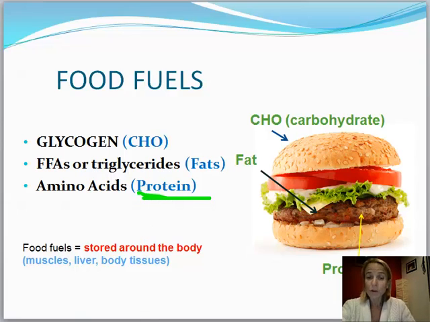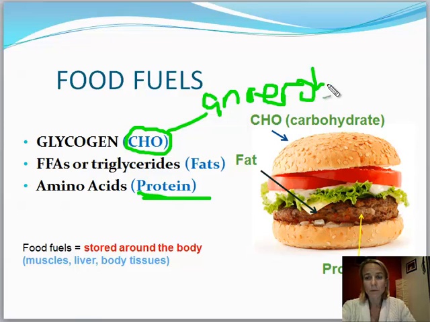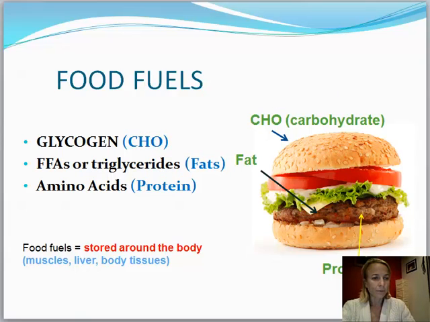Our preferred source of fuel is carbohydrates or glycogen, and that is because we can use that anaerobically and aerobically. So that's one of the reasons carbohydrates are our preferred fuel source. Okay, moving along.